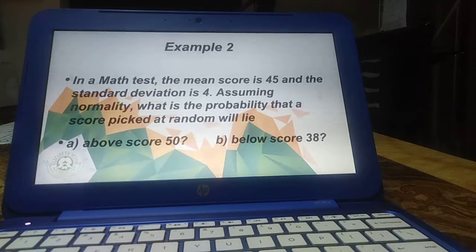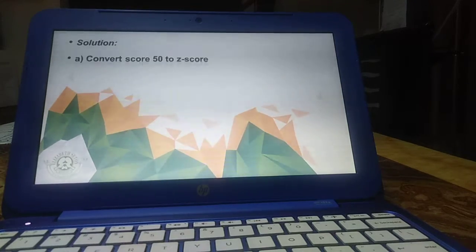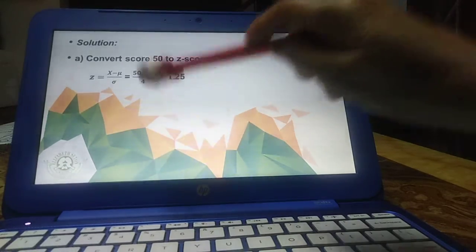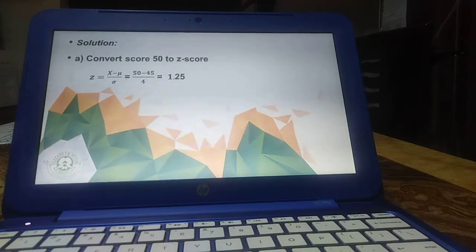For letter A, let us now solve for the z-score. 50 minus 45 all over 4. 45 is our mean, 4 is our standard deviation. Solving, our z-score will be equal to 1.25.